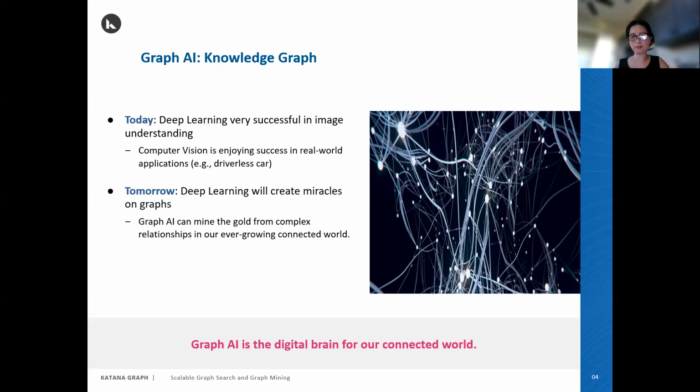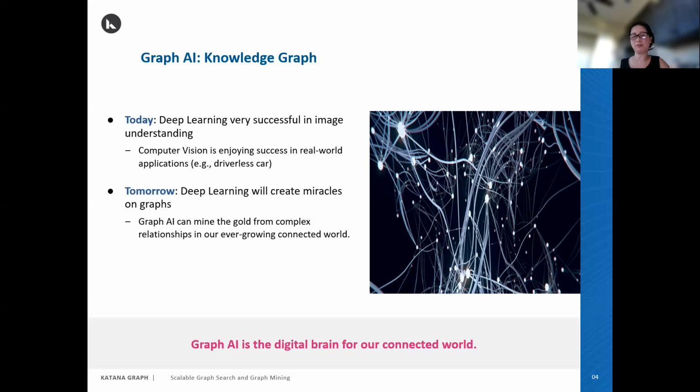For knowledge graphs, AI, artificial intelligence, especially machine learning and deep learning, has had great success in computer vision. Deep learning computer vision is now viewed as a mature technology, already implemented in production.